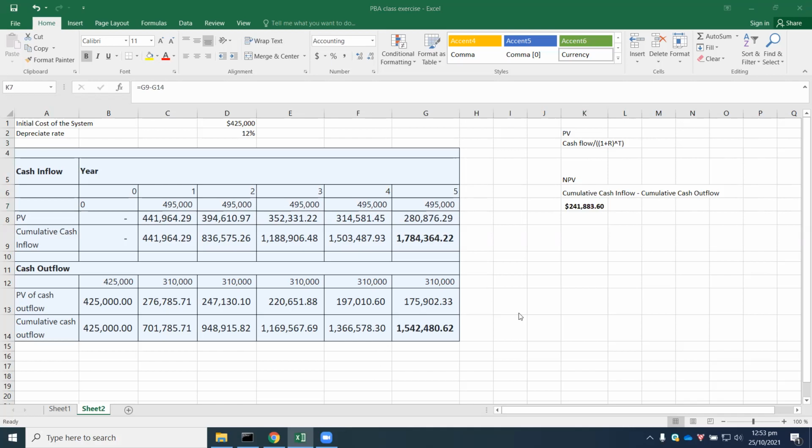Monish, you there? What do you think? Is it profitable for the organization, or is it a loss? Yes, it is profitable to the organization.